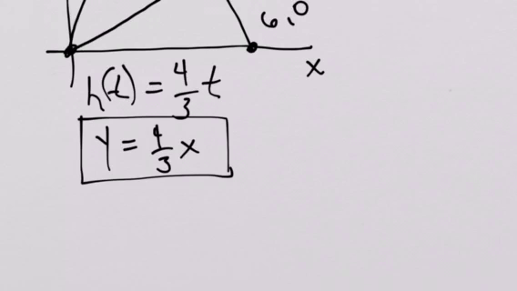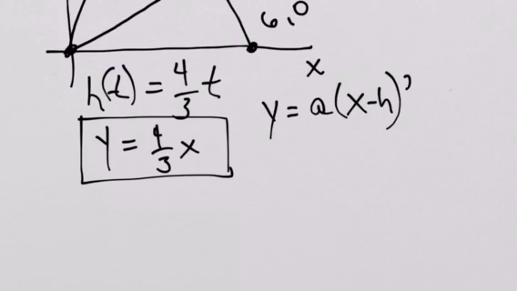Now what we need to determine is how to find that quadratic equation. Quadratic equations are written in the form y equals a times x minus h quantity squared plus k. Let's pause. Now we know a couple of pairs of coordinates here.